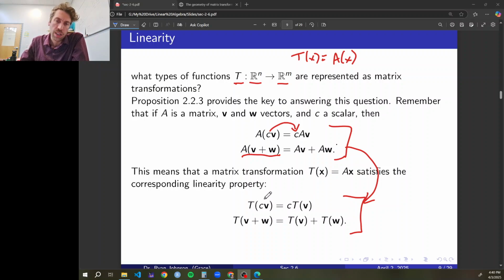That means that T, you can move the scalar out of a function, and you can split up addition inside to addition outside. These two things are called linearity.